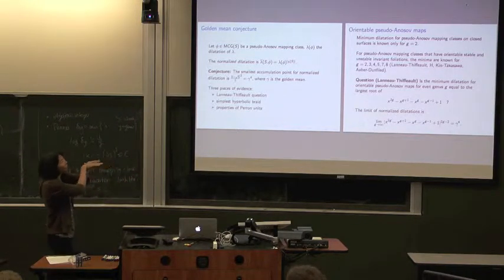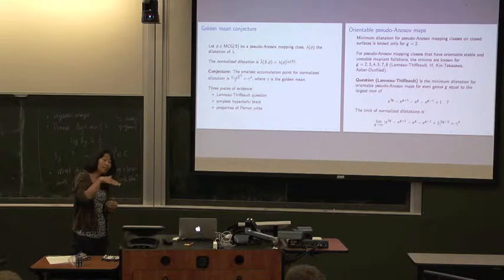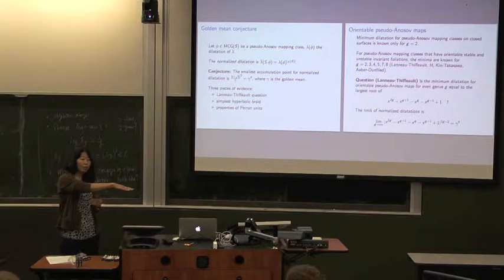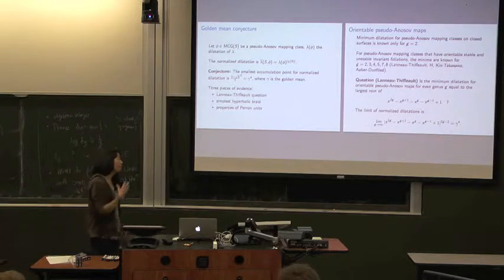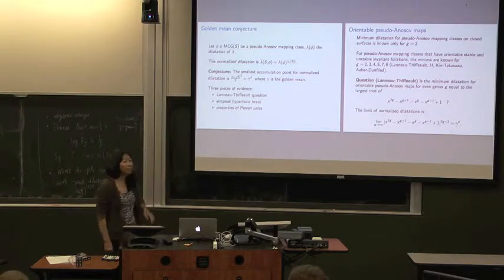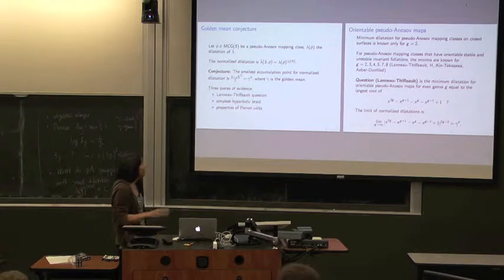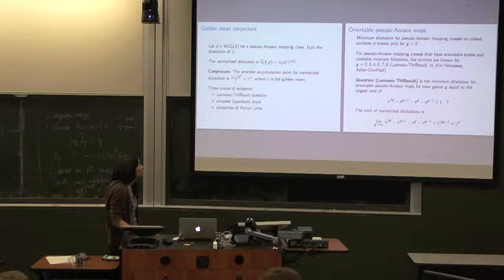Usually, because delta G is going to go down to 1, you expect that the dilatation gets smaller and smaller. But even though we don't know what delta 6 or delta 6 plus is, we know that it's at least delta 5. So the dilatations are not strictly decreasing.